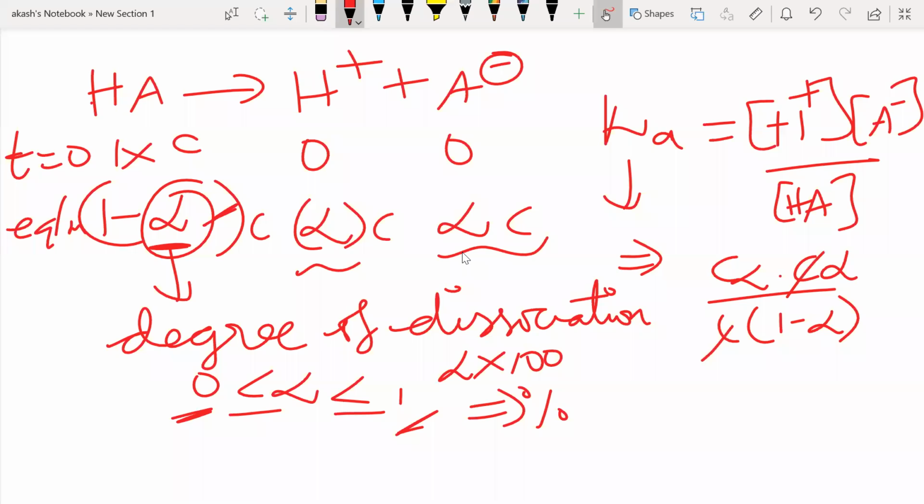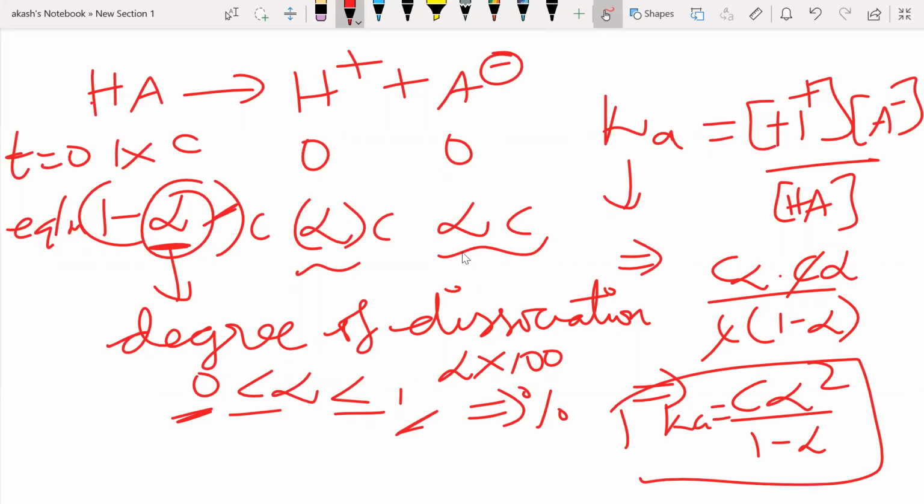I can cancel one of the C's, so it becomes C alpha squared divided by 1 minus alpha, and this is a famous equation which you should be remembering by this time. So Ka is equal to C alpha squared divided by 1 minus alpha.